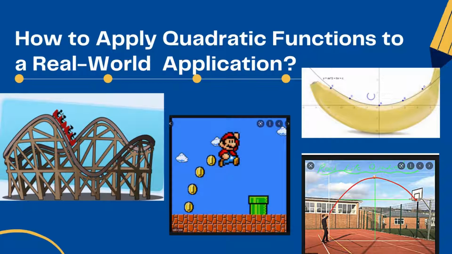Next is the banana. Again, it will form a parabola there. And the last is shooting the ball of the basketball, and through imagination you will have what we call again the parabola.